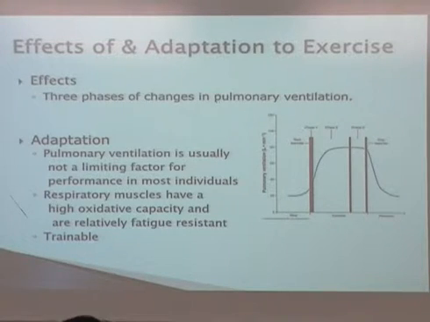Right? So it's relatively stable, and then we see a sudden change. Right? So we get this rapid rise in ventilation. We start breathing much deeper, and then if we need to, we'll start to breathe more quickly as well. Right? And we rise up to the start of steady state.